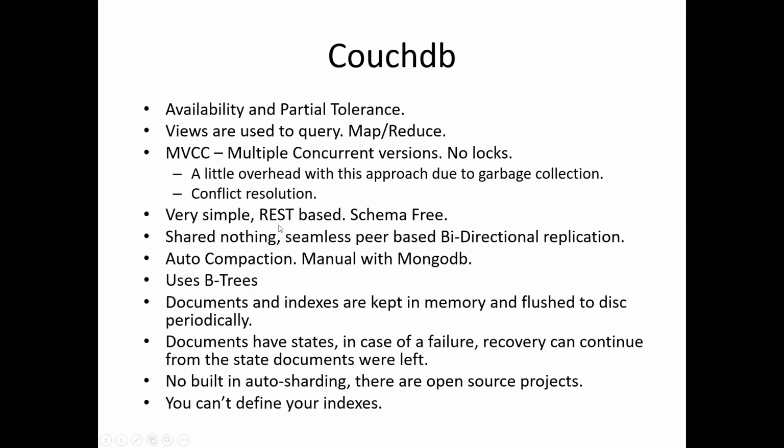Very simple REST API, schema free, shared nothing, seamless peer, bidirectional replication, auto compaction, uses B-tree as its data structure, which is very important. Documents and indexes are kept in memory and flushed to the disk periodically. Documents have states, so in case of failures they can recover and continue from the database state where it was left. No built-in auto sharding. You can define your own indexes for this.